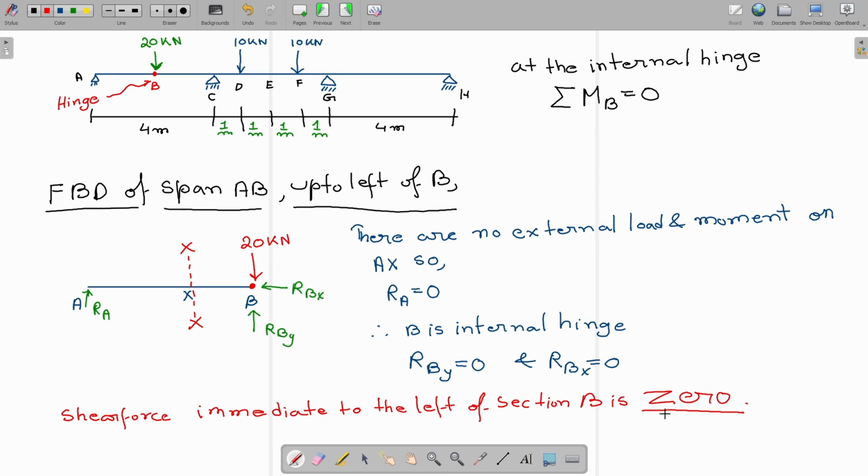Now for the next part, we need to consider the right hand portion of B. So we are going to write like this. Take a new page.